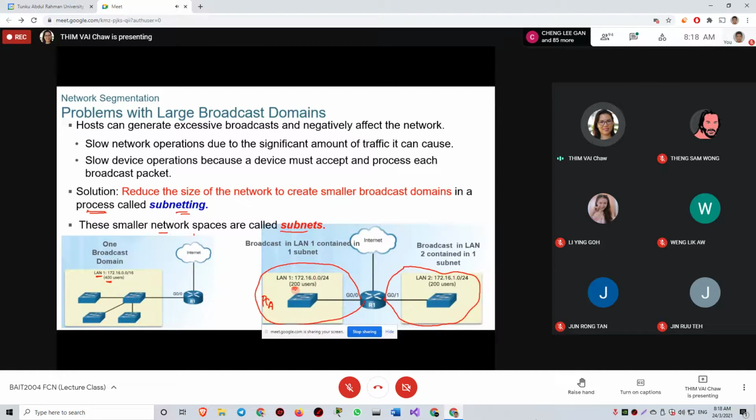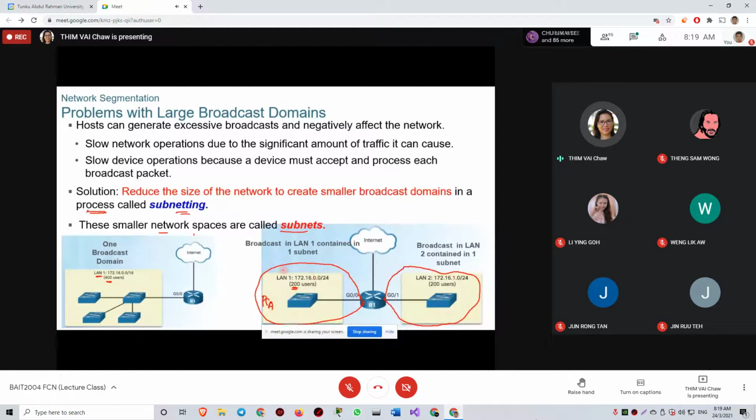They will accept and process the broadcast message. The other 200 here will not receive it. So it means the broadcast message will be sent only within your subnet. The broadcast message cannot pass from one network to another network. Again, the broadcast message cannot be sent over to another subnet. So this is the reason.